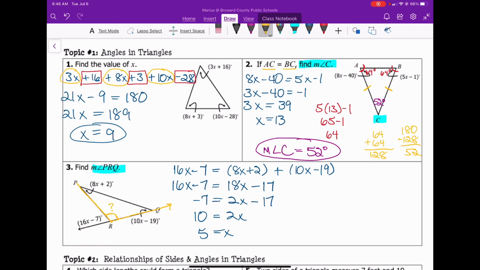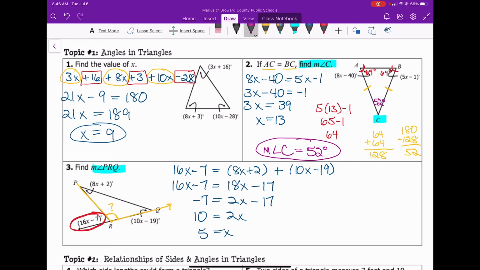Now, in order to do that, we have options here. We could plug x into this expression and that expression, then add them up and subtract that answer from 180. Okay, that's one strategy. Or we can plug x into this expression here.